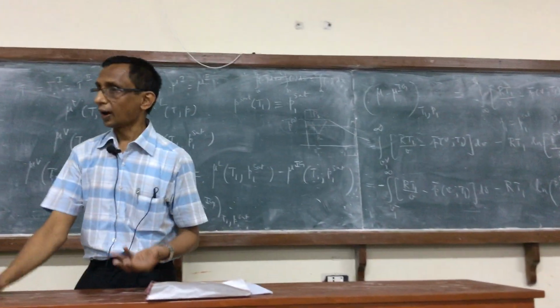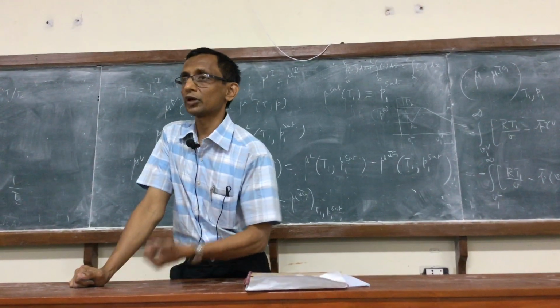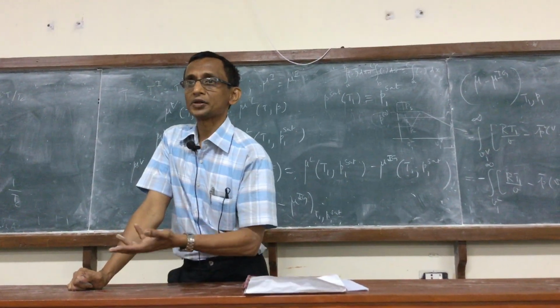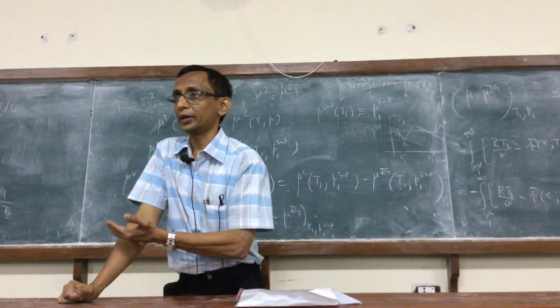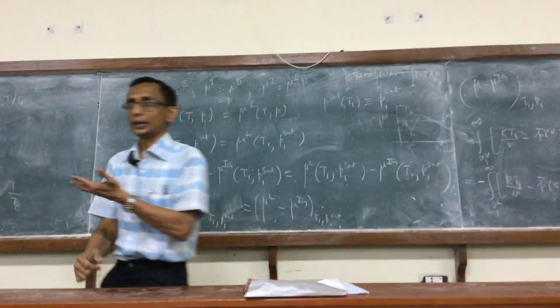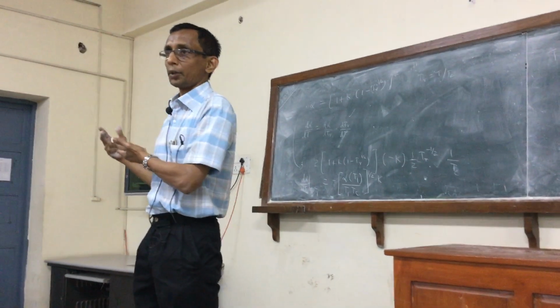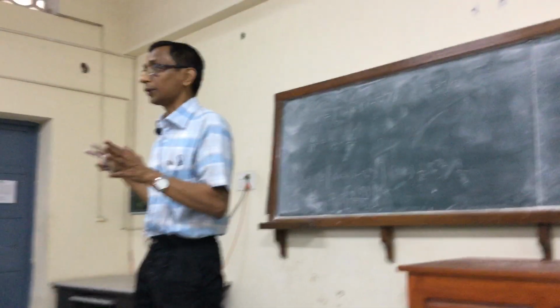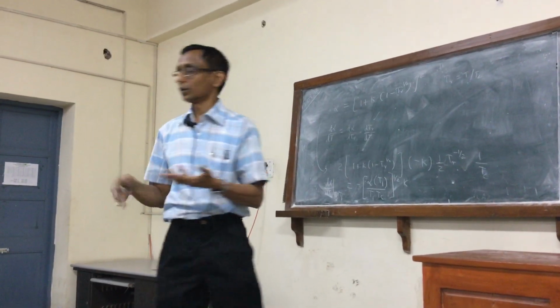If it is not equal to 0, then we have to choose some other pressure. So it has to go in an iterative fashion. So you can see that one equation along with the equation of state, that's very important. The moment you have chosen P, then the liquid volume and the vapor volume are automatically determined by the equation of state. Equation of state is part of the input, right?